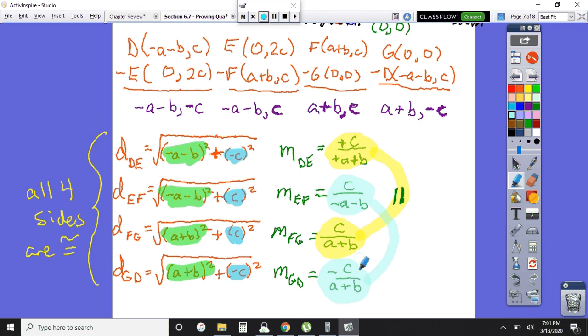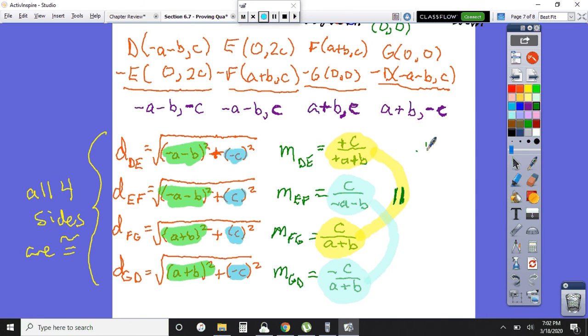And initially you might go, I don't think those are the same. But if you notice that the denominator of this second slope is all negative and the numerator is positive, versus in the fourth slope, the numerator is negative and all of the denominator is positive. What that tells me is one of the sides of my fraction, the numerator or the denominator, is negative. And so it's kind of like saying this.